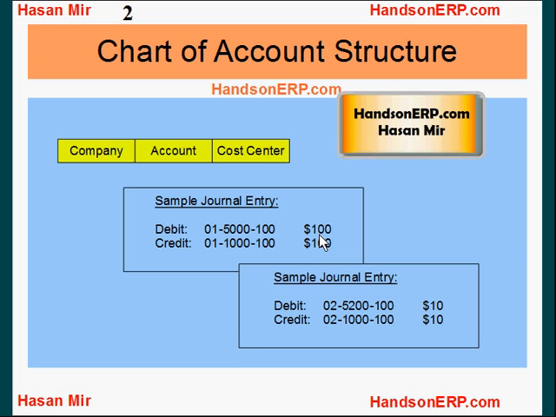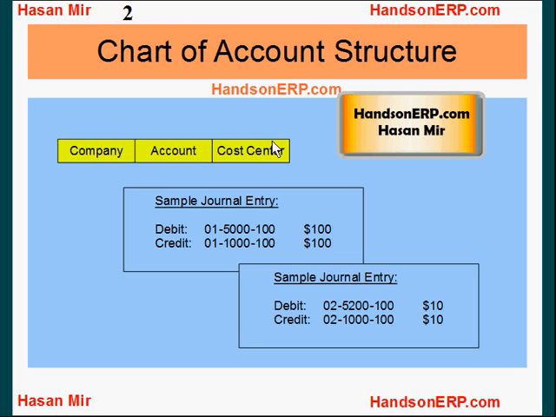You can have another dimension capturing the projects going on in the company. You can have yet another dimension capturing physical location of the office that was associated with this debit, and so on. So you can have multiple segments in your chart of account structure capturing different dimensions of the business that was associated with this transaction.